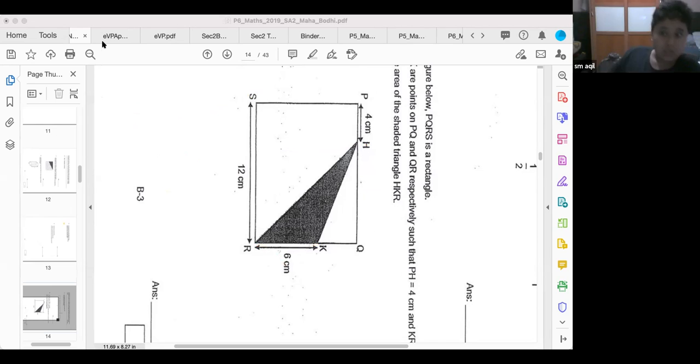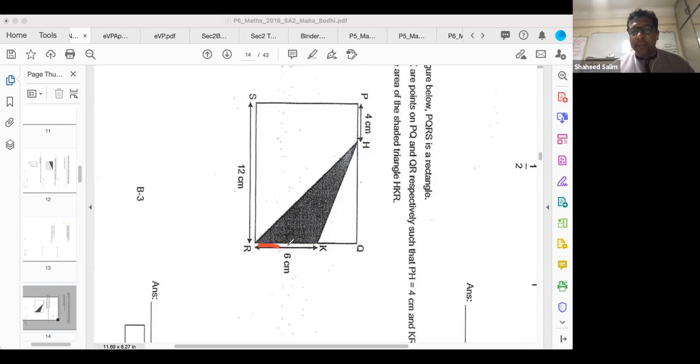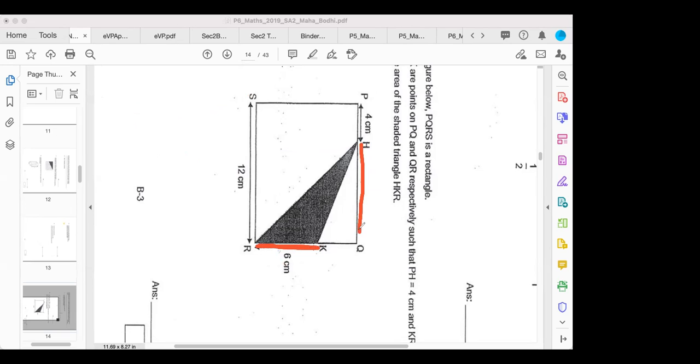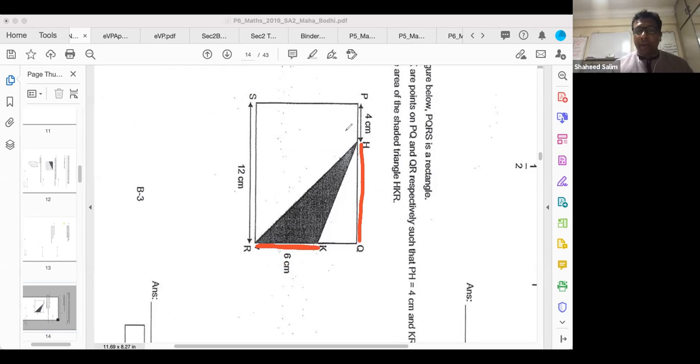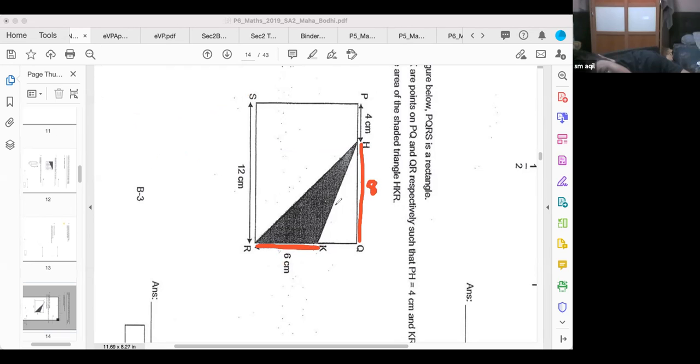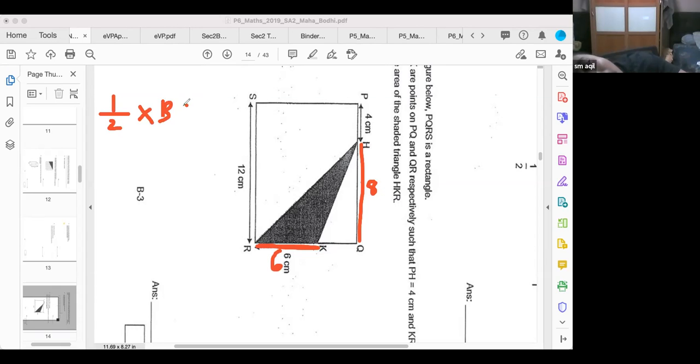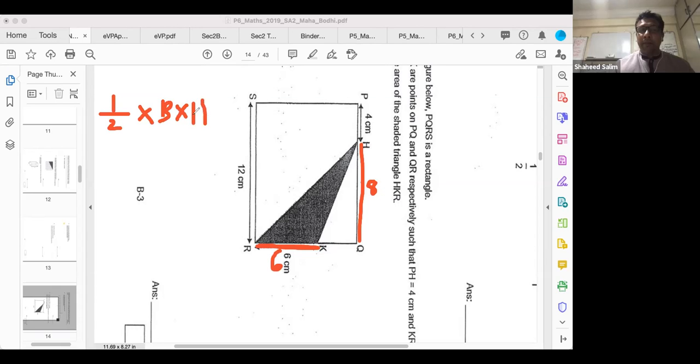So that you can see that this is the base, the bottom. And this is the height. And how to find the height, Shakir? 12 minus 4, get 8. Then this one is 6. So the formula is half times base times height. So we put in the numbers. Half times base is 6, 6 over 1, times height, 8 over 1.